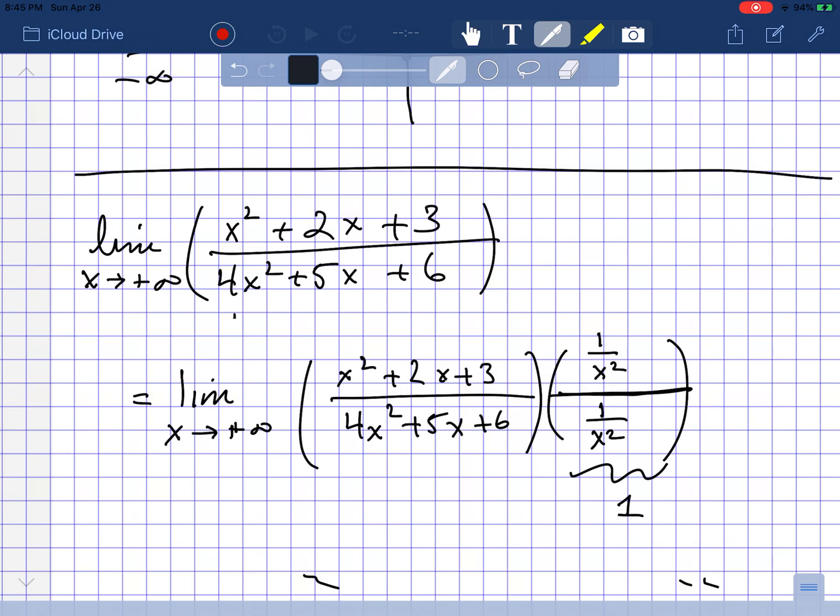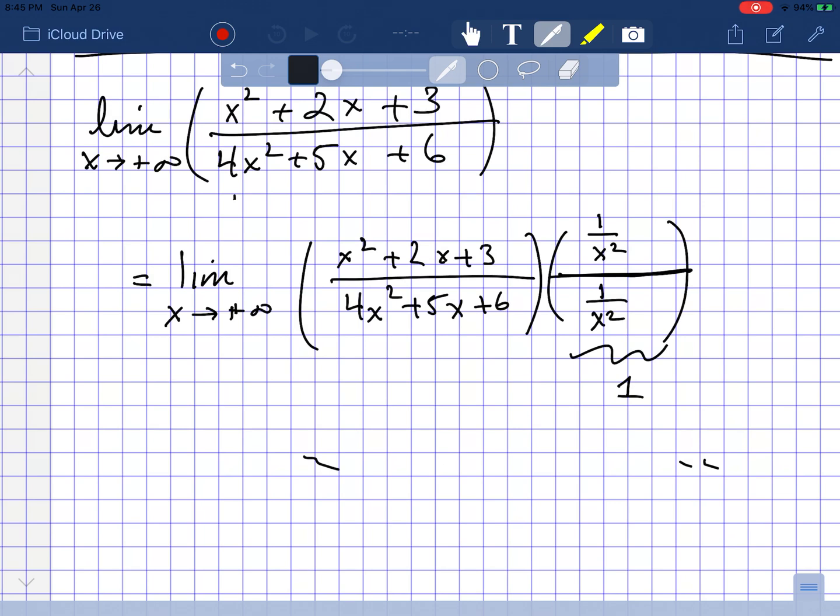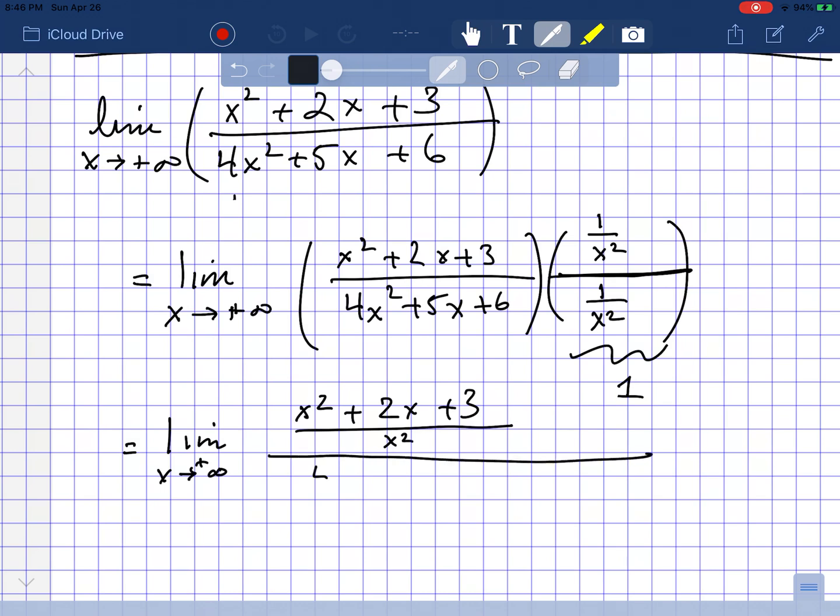This ratio is just 1, so I haven't changed the value of the limit. Now let's do a little multiplication. This is x squared plus 2x plus 3 divided by x squared, all divided by 4x squared plus 5x plus 6 divided by x squared.